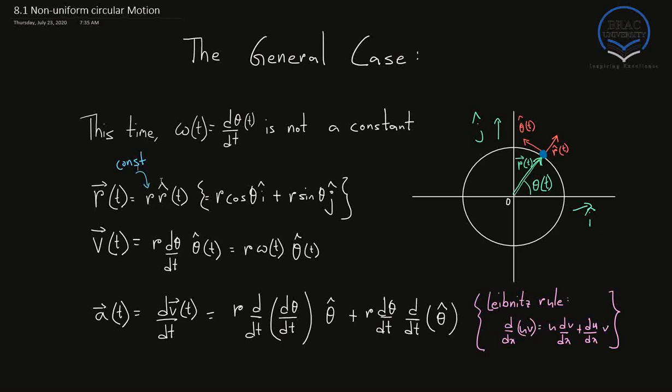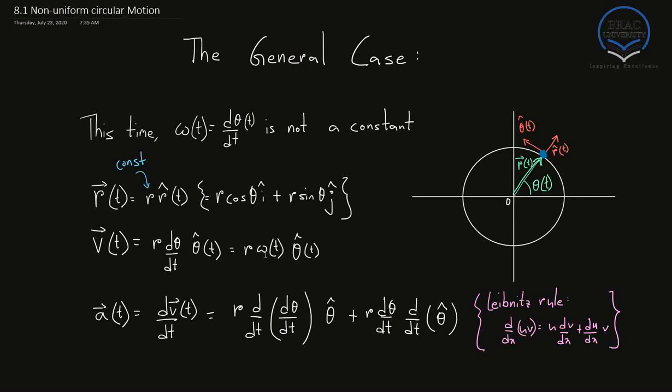The thing we have to remember here is that r hat changes with time, because at each point on the trajectory you will have a different r hat, right? So those different r hats at different times, you have to differentiate, and the differentiation of r hat t is going to give you theta hat t. You could carry out the differentiation in Cartesian coordinates if you so choose. We've written those here.